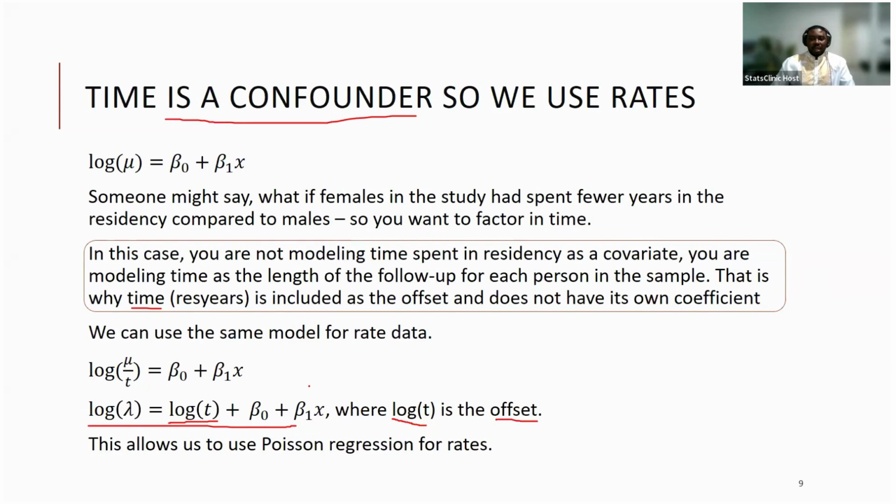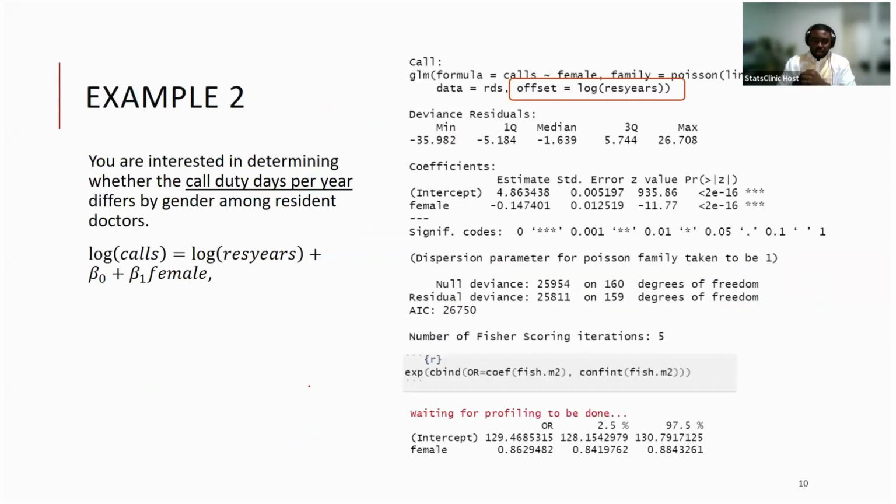Okay. So when you do that for the question that we were looking at earlier, now you want to see what's the call duty days per year that the resident doctors have had, and you want to compare that by gender, whether it differs among males and females. So you have the log of the time in the model.